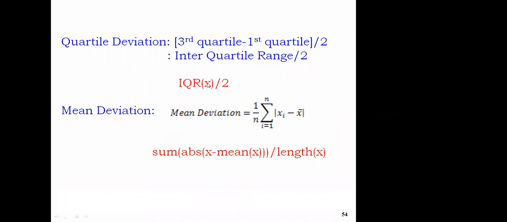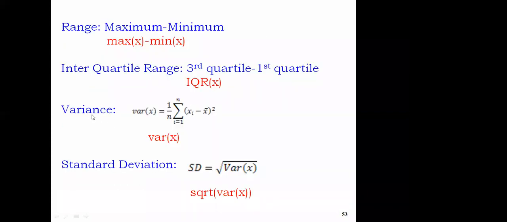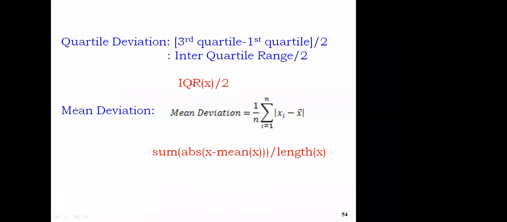Quartile deviation is IQR(x) divided by 2, defined as half the distance between the third and first quartile: third quartile minus first quartile, divided by 2.